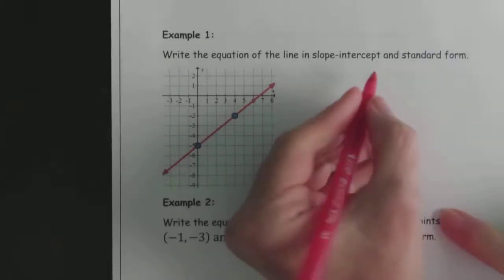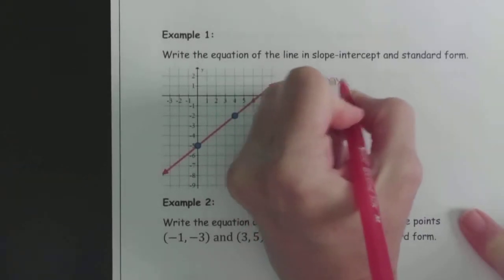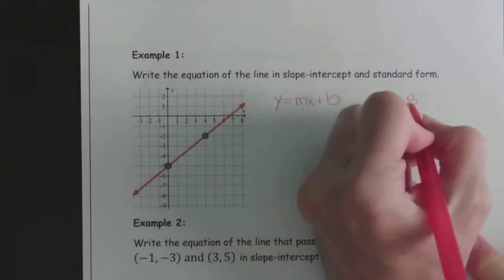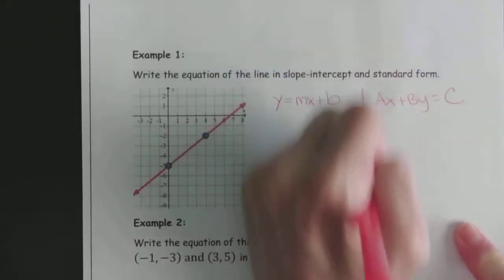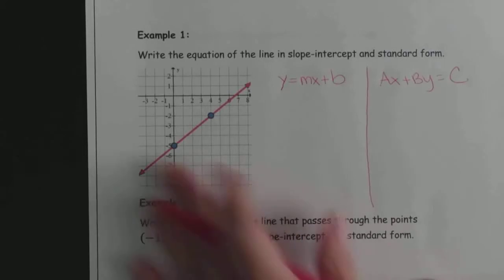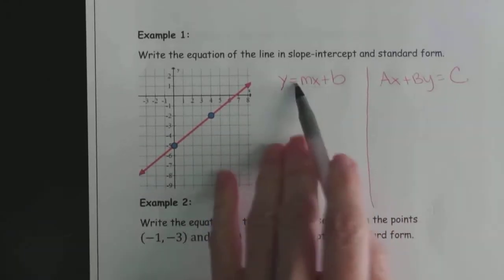So let's start here with this graph, and let's write the equation of this line in slope-intercept form. Let's remind ourselves what slope-intercept form is. We have y equals mx plus b. And then our standard form is ax plus by equals c. And I'll draw a divider here. That might make it easier to organize it.